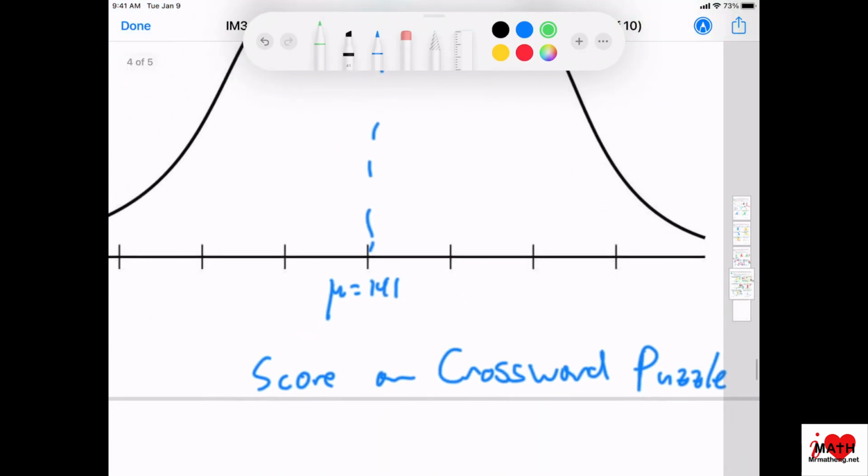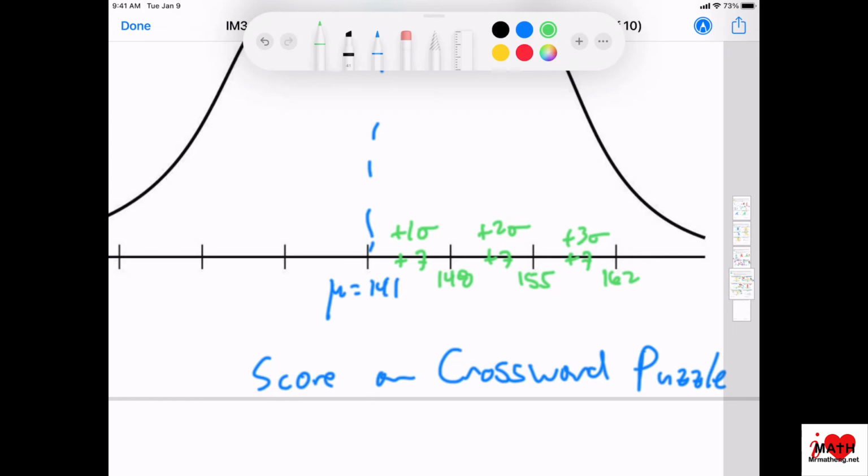So going towards the right is positive. So this would be plus 7, which would give us 148. 2 standard deviations away would give us another plus 7, so 155. And 3 standard deviations away would give us 162.